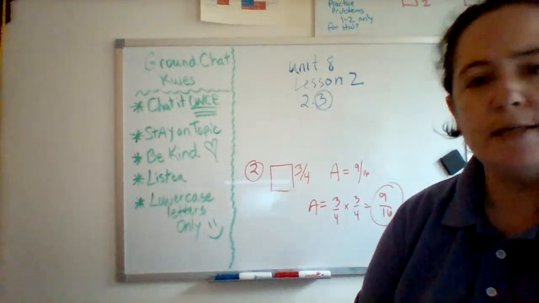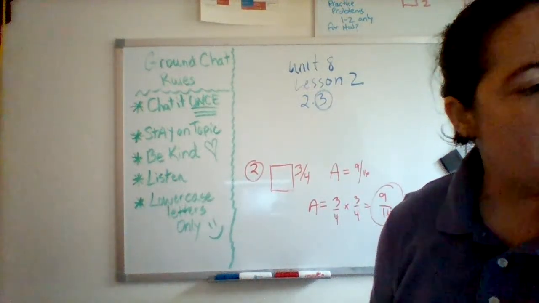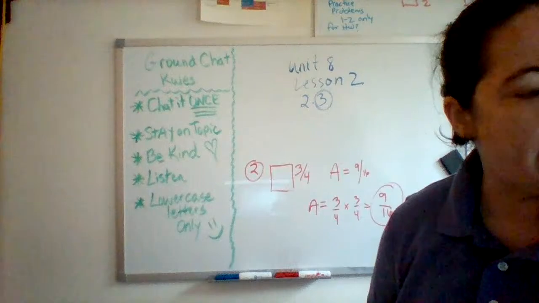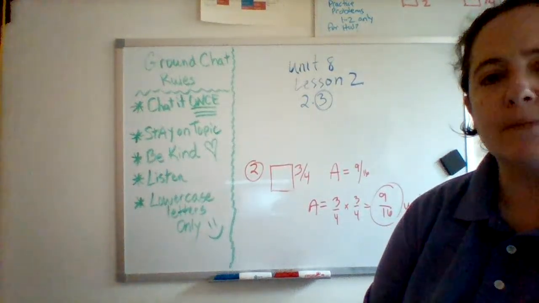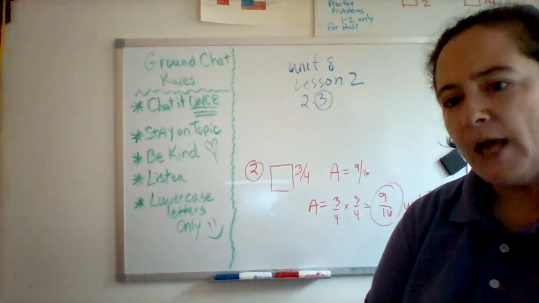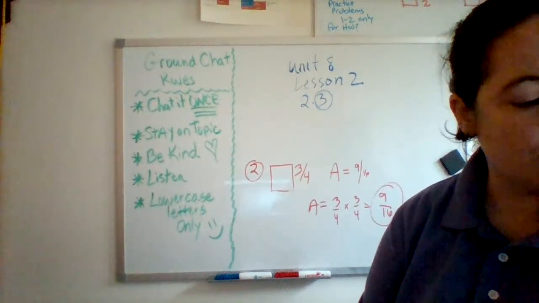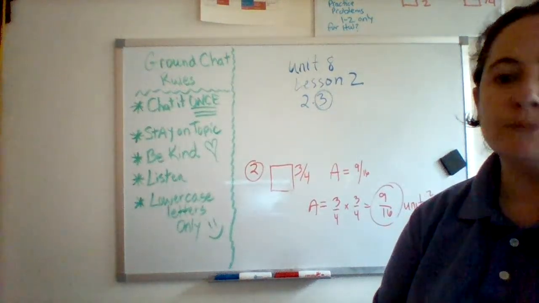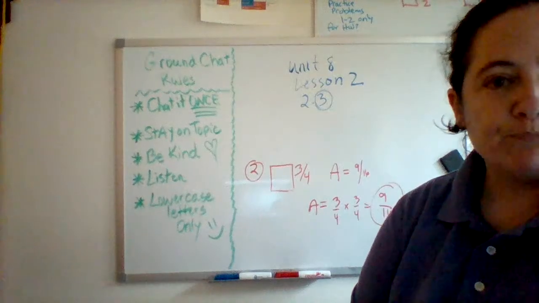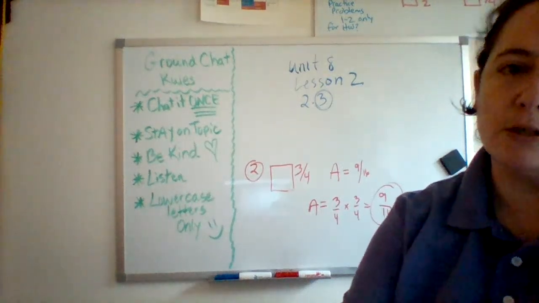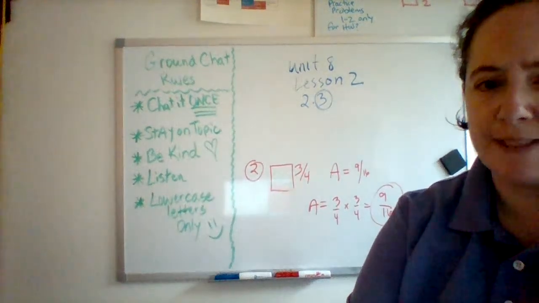If everyone here right now could open up the task and start attempting it, what you're going to have to do first is try to measure. Hey, Kevin, how are you? I need you guys to try your best to measure with a ruler the side length of those squares in the beginning of the task.